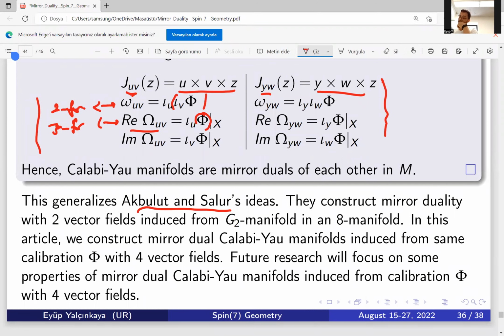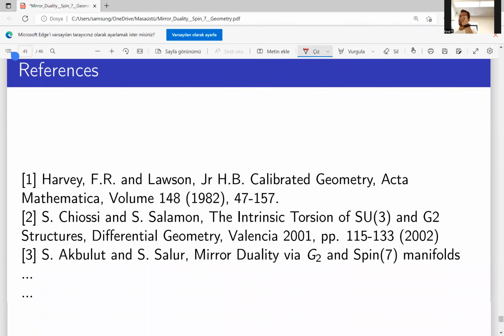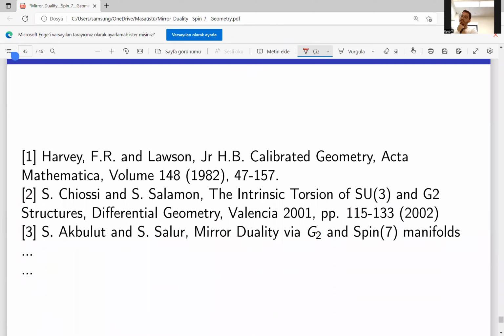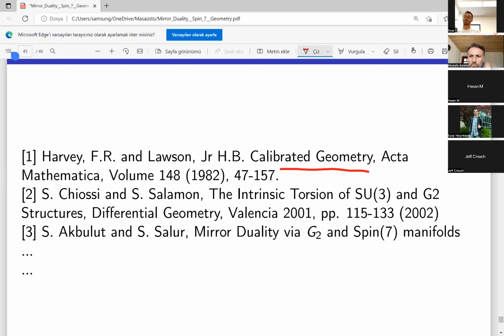This is the end of the lecture series, and the collaborative geometry article is magnificent. You can check the article.